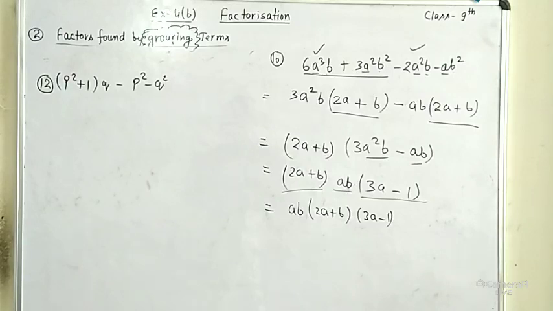Okay, second is, sir, p square plus 1, p square plus 1. Only two students are responding, sir, this thing we can take common out, and the rest of the students are simply watching the video. Please, I request all the students, please send your response.